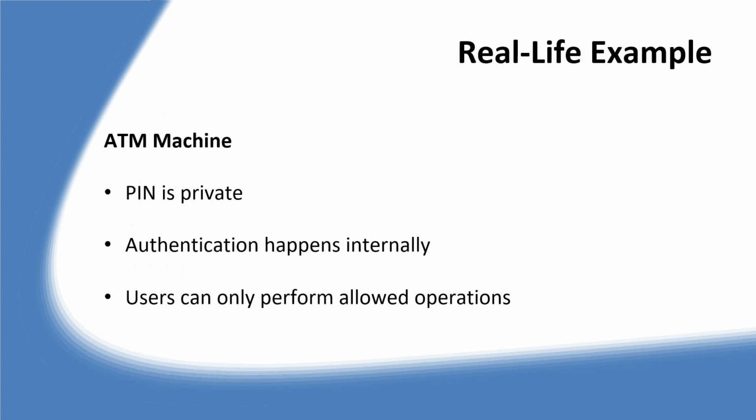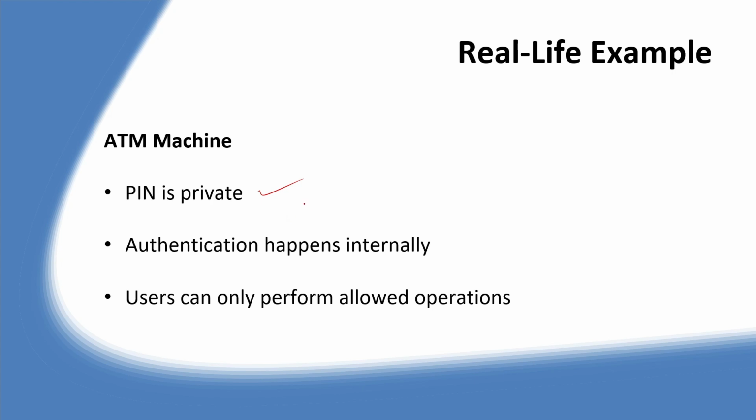Now we will see a real-life example so that we have a better analogy. Let's say we have an ATM machine. The user cannot directly access or modify the internal banking system. They simply enter the PIN and perform operations like withdrawing cash or checking their balance. So the internal data remains secure and hidden.